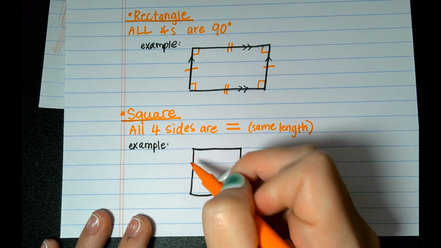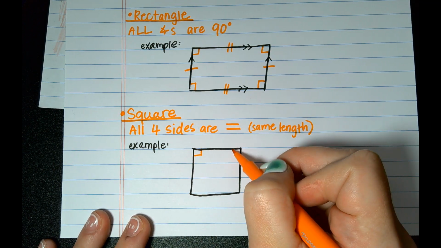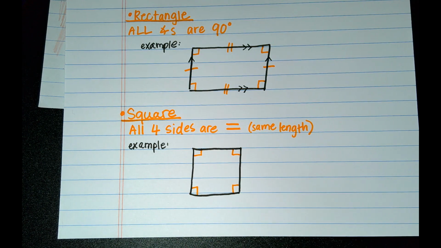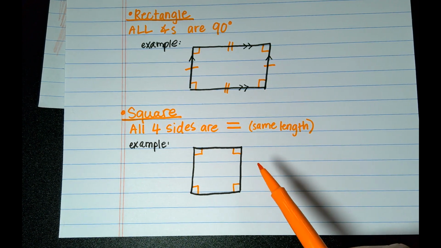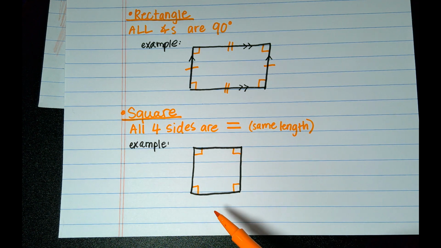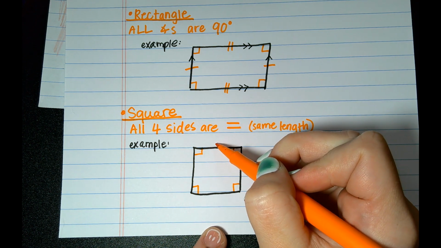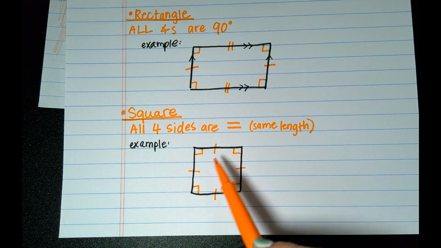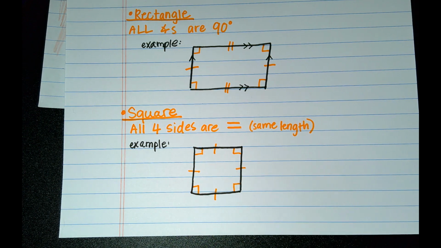Sorry, it's not perfect. We'll show our 90 degrees at each angle. And since all 4 sides are equal, we put just 1 tick mark on every side to show that they are all the same. Okay.